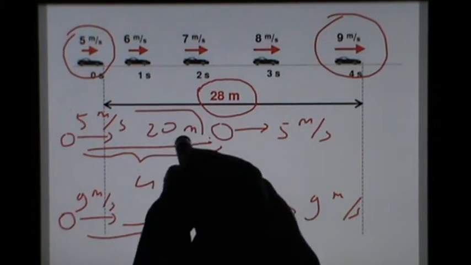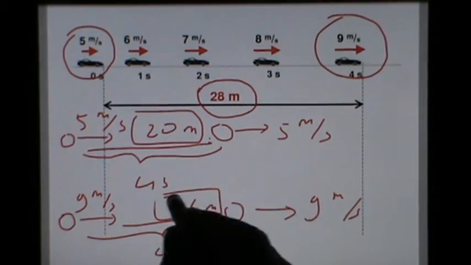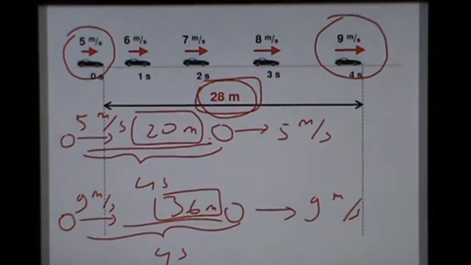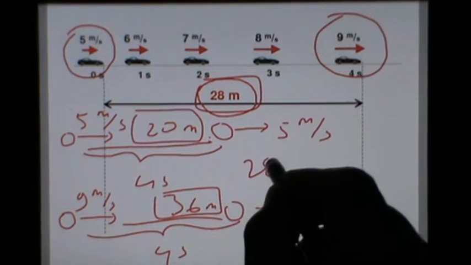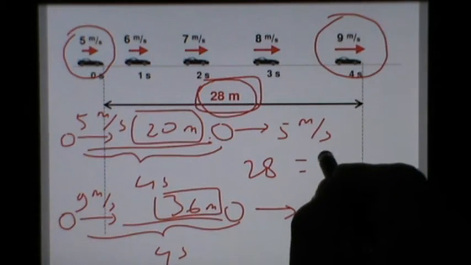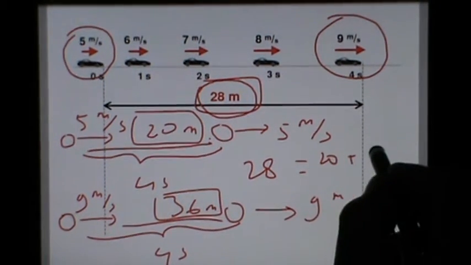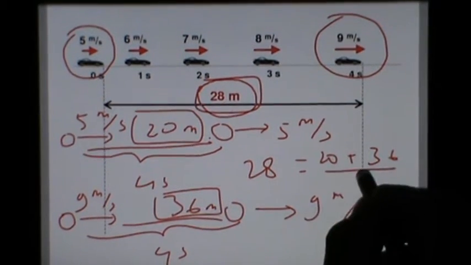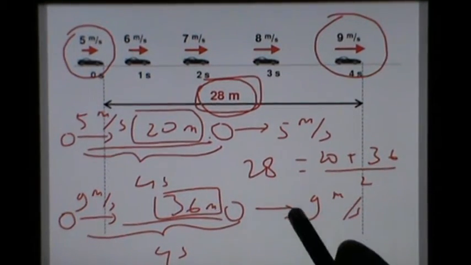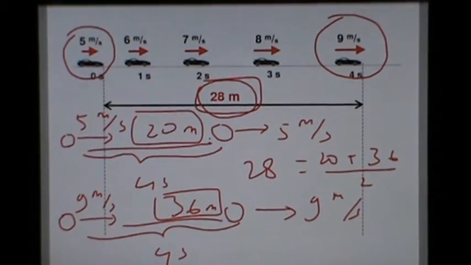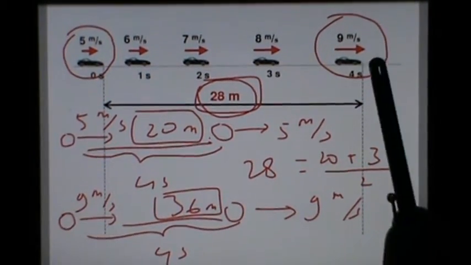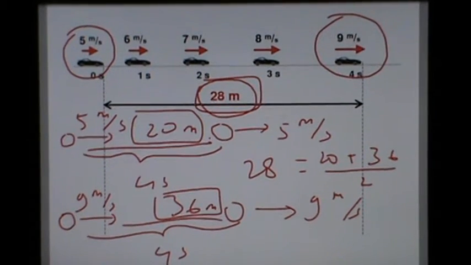And you see that these numbers are related, so that you can find the 28 here is 20 plus 36 divided by 2, or we can say that this is the average of the distances traveled at 5 meters per second and 9 meters per second.